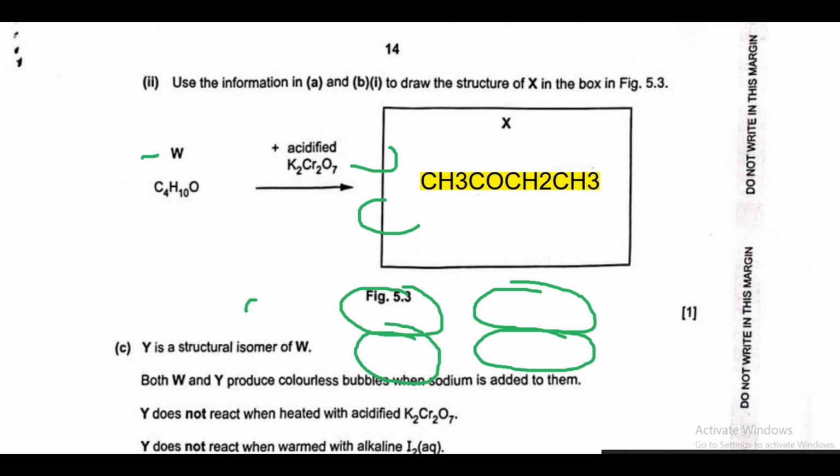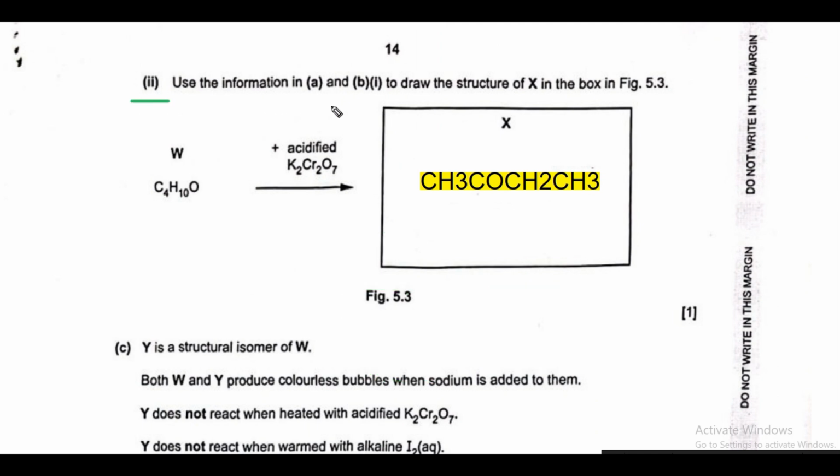Number 2, use the information A and B to draw the structure of X in the box. W is an alcohol, and X shows a carbonyl group peak. So the alcohol will be butan-2-ol, a secondary alcohol, oxidized by acidified potassium dichromate to form butan-2-one.